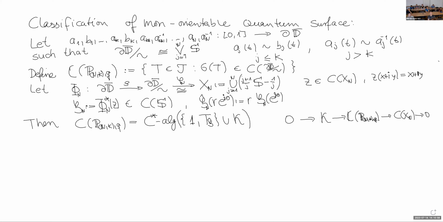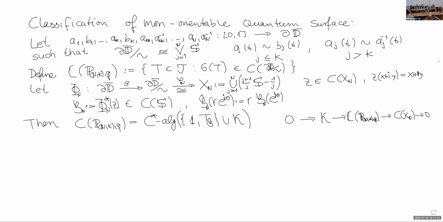This element, if I take the boundary map, it separates the points on the quotient of the circle. So we define first all Toeplitz operators that satisfy this boundary condition. Now this is a commutative C-star algebra.